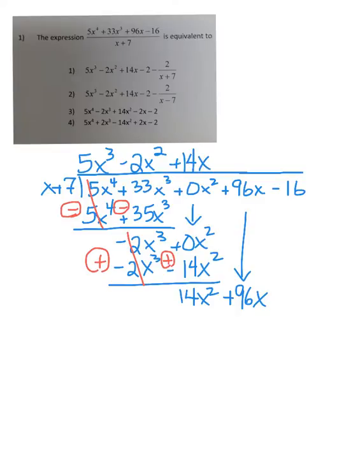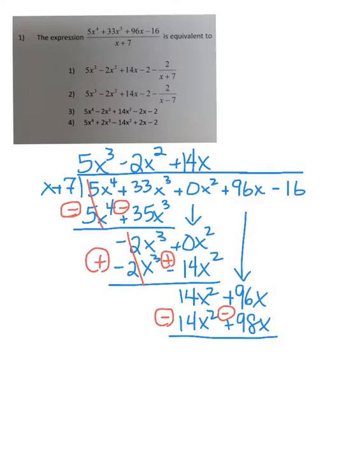Now I'm going to distribute that through, so that's going to give me 14x squared. And then that's going to give me a positive 98x. All right, so now remember, we're going to change and circle, change and circle.